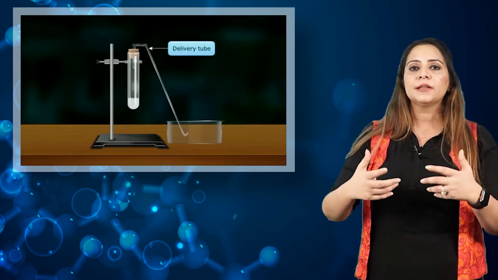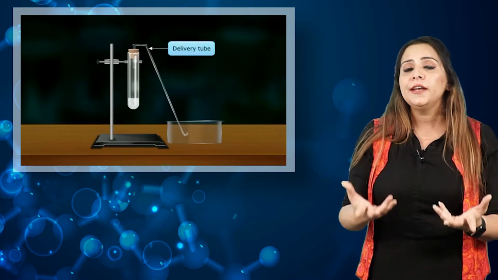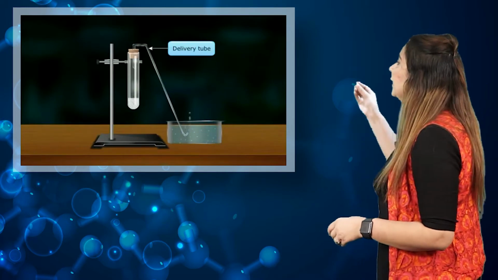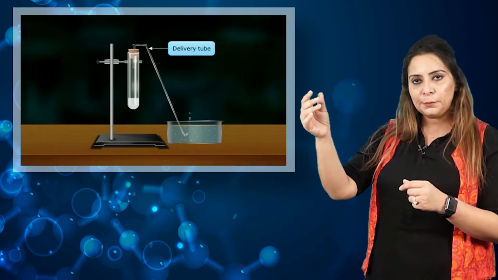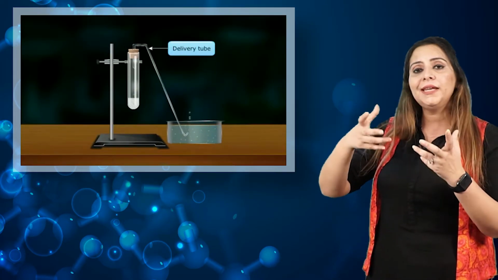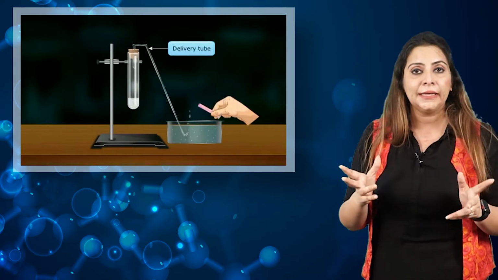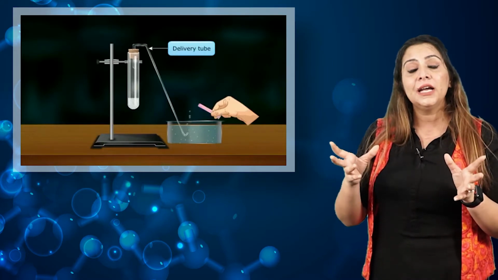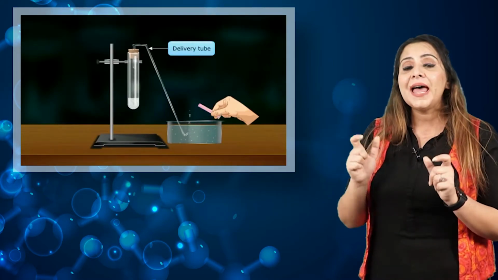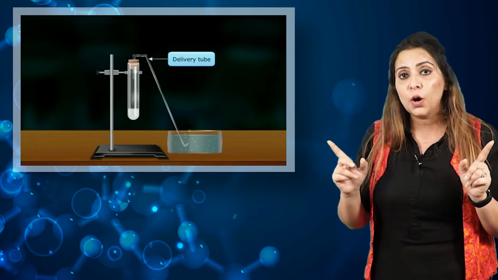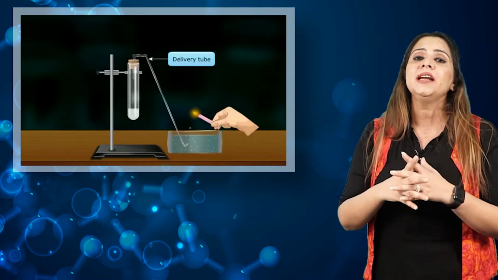So obviously we will have a test, and the identification test for the presence of H2 gas is that when we bring the matchstick near the outlet pipe or any tube from which the gas escapes, that matchstick starts burning. The flame color is pale blue, and there is a characteristic sound, the popping sound.